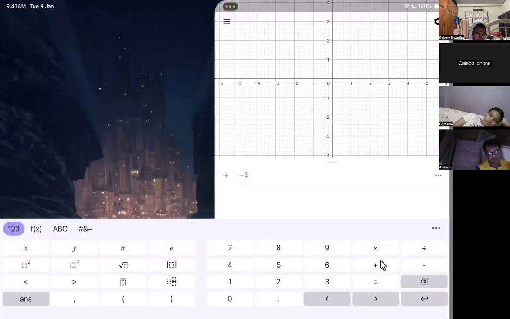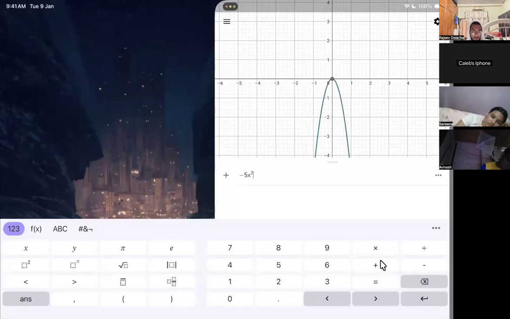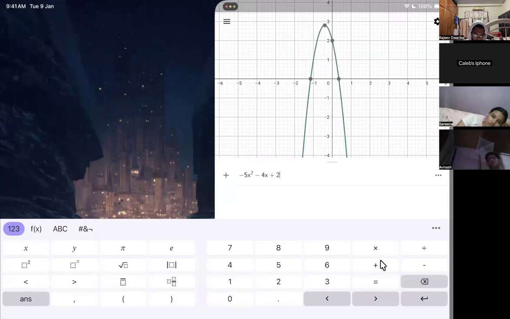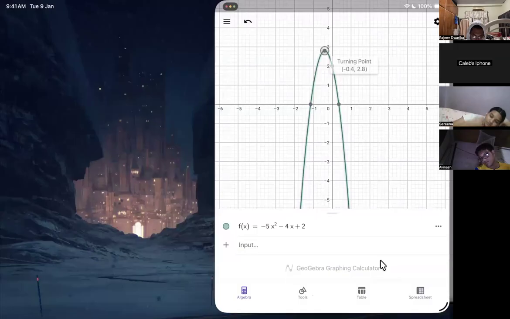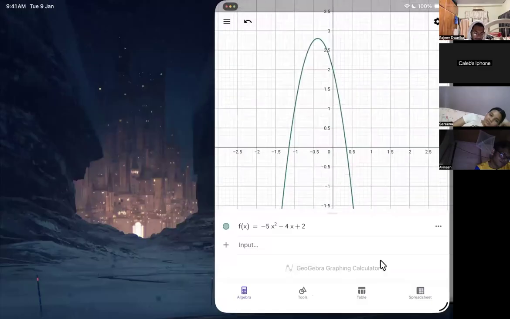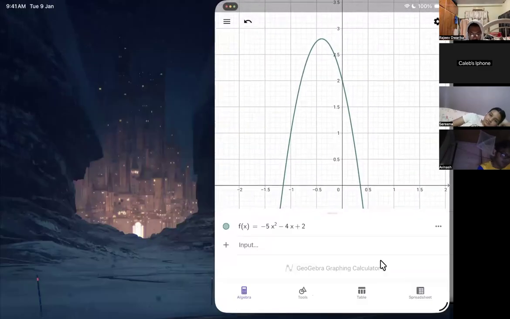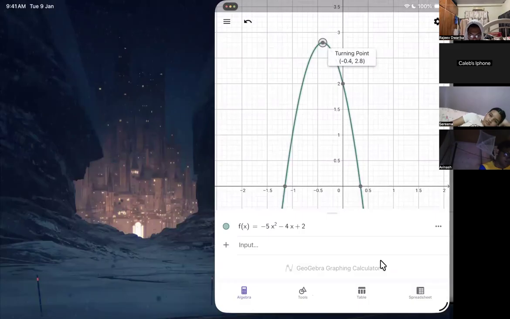I believe it was minus 5x squared, minus 4x plus 2. Is that what we got? Yes, sir, that is what we got. Right? So in the interest of saving time, I'm just going to take a little screenshot.